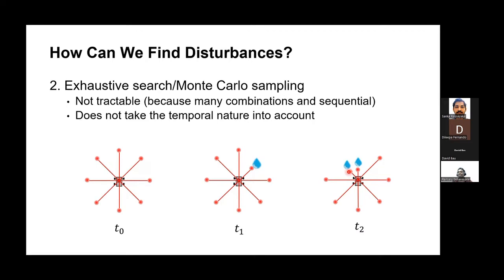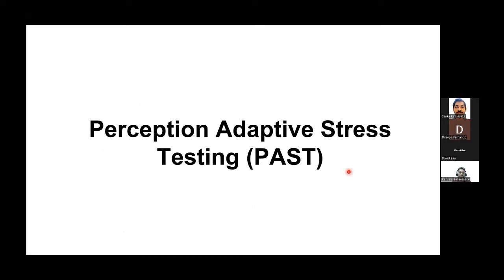Now remember, we are looking at several time steps, and we have thousands of data points at a given time. So exhaustive search is not possible, especially given this temporal nature and the size of the point cloud. Even Monte Carlo sampling is not tractable. So we need a smarter algorithm to find these failures.